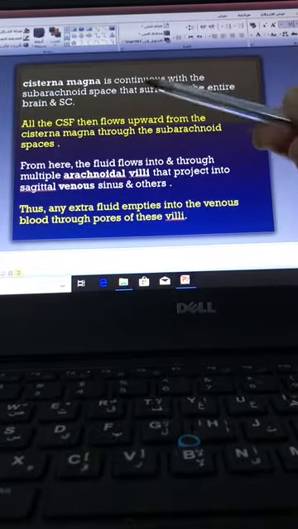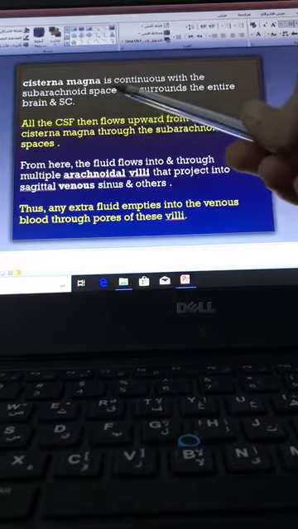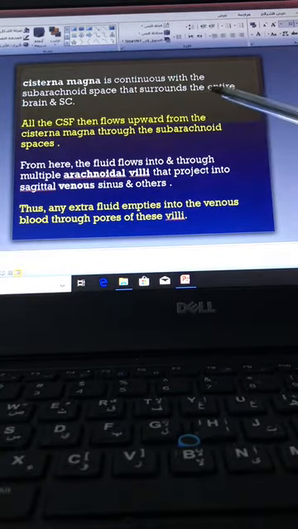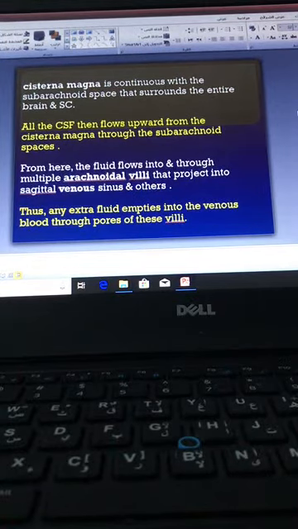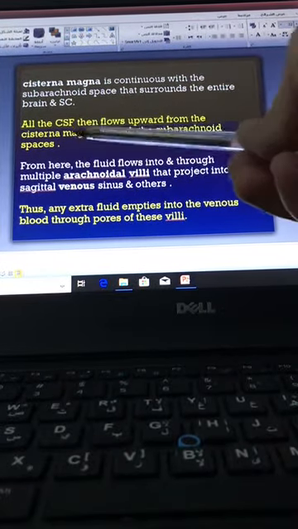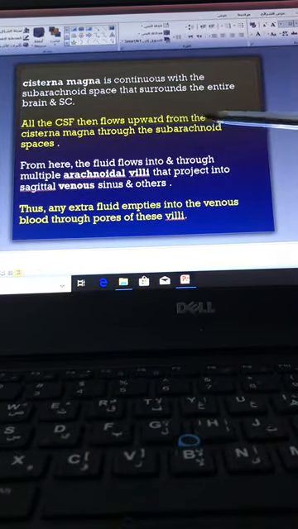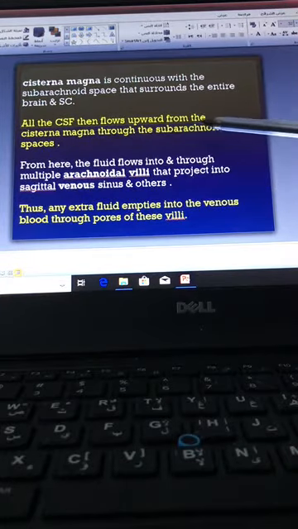Cisterna magna is continuous with the subarachnoid space that surrounds the entire brain and spinal cord. All the CSF then flows upward from the cisterna magna through the subarachnoid space.